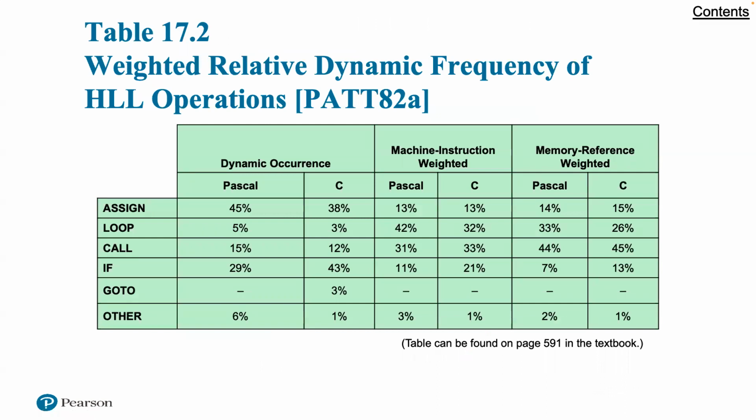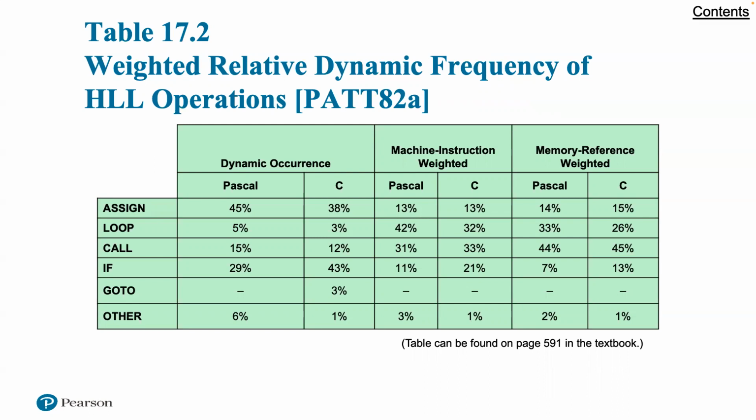Here we're showing the weighted relative dynamic features of high-level language operations. This is based on a reference from our text. A variety of studies have been made to analyze the behavior of high-level language programs, with the following general conclusions. There is quite good agreement in the results for a mixture of languages and applications.